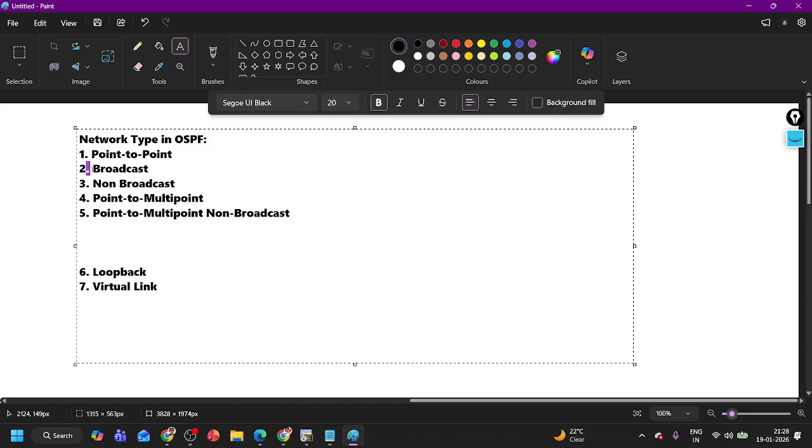Broadcast and non-broadcast network types are going to work fine in a full mesh topology. In broadcast and non-broadcast, routers perform DR and BDR election. Point to multipoint and point to multipoint non-broadcast, these two types of networks are for hub and spoke topology.